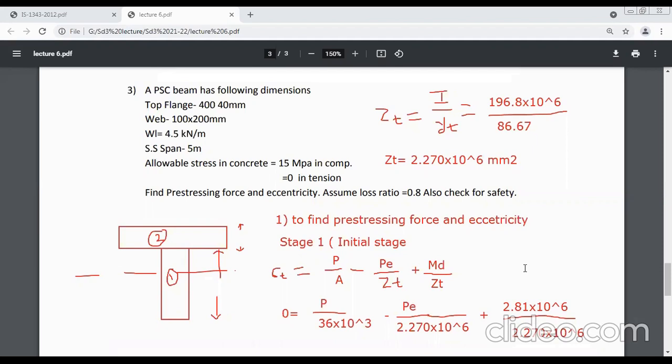Now we'll get one equation here in terms of P and PE. Write down this equation.